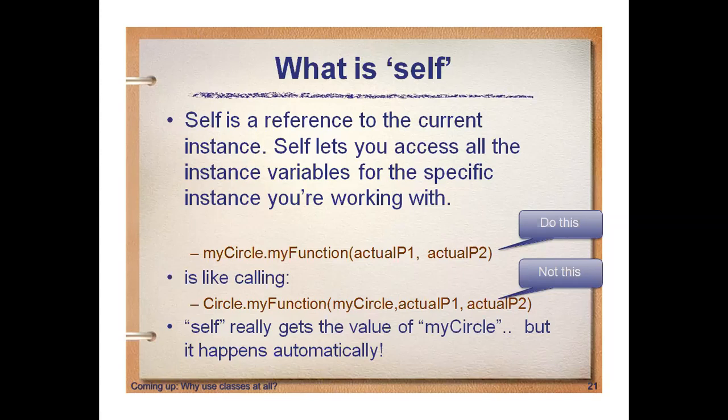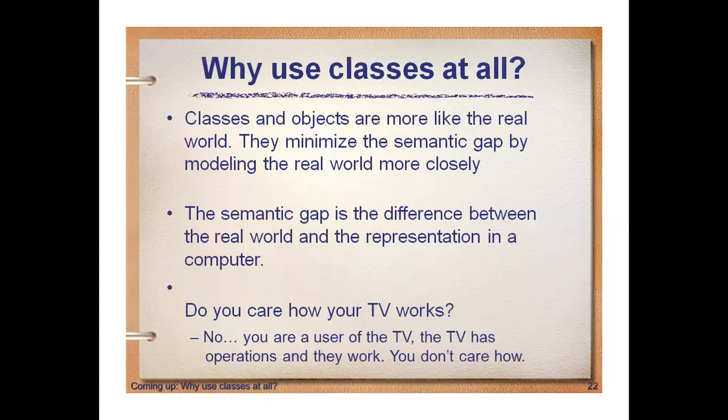Doing this will definitely work at the time of making a function. But what will happen inside the class? Let's try to understand. Self really gets the value of my circle, but it happens automatically, right? How this is being done automatically, let's see. So why do we use it at all, right?